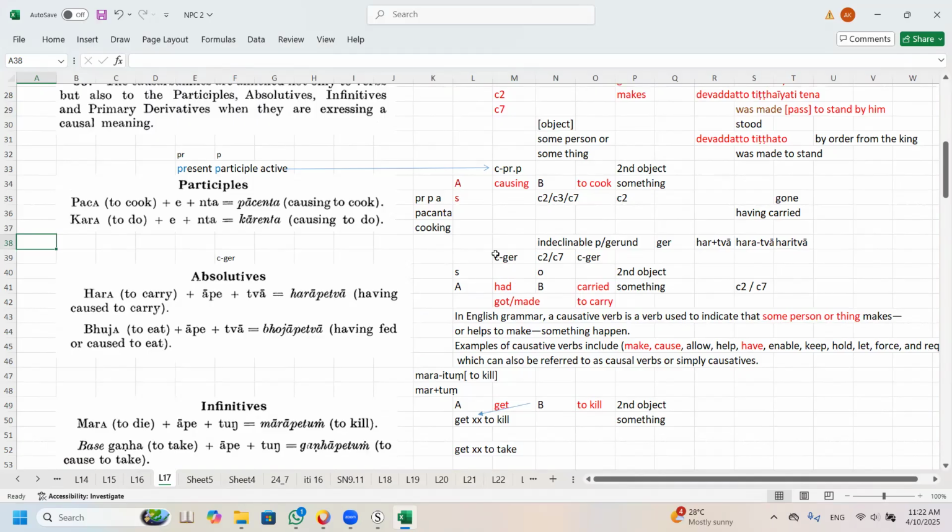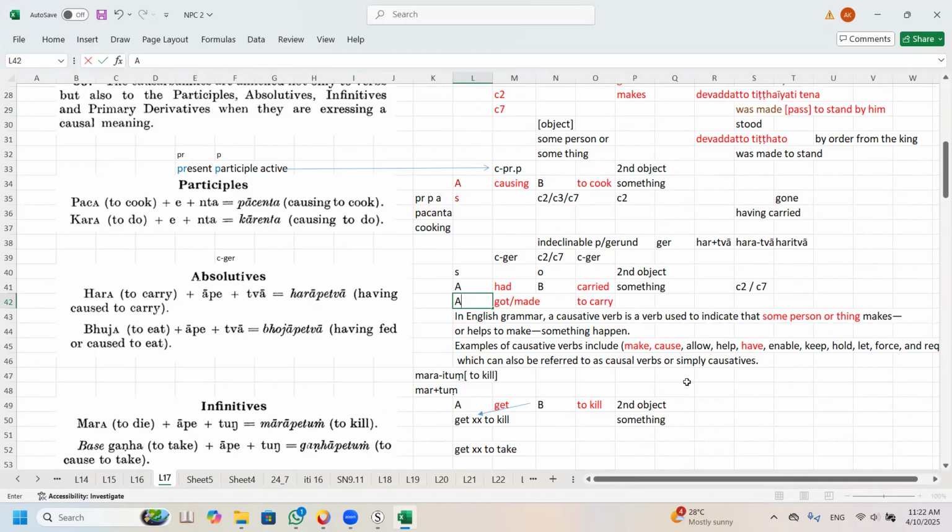There are various ways of doing it. So technically A had, got, made B to carry. If you use had, A had B carry, you don't need the to. This is one way, all the way in a straight line: A had B carry something. If you don't want that, you can use this second line: A make B to carry something, also can.